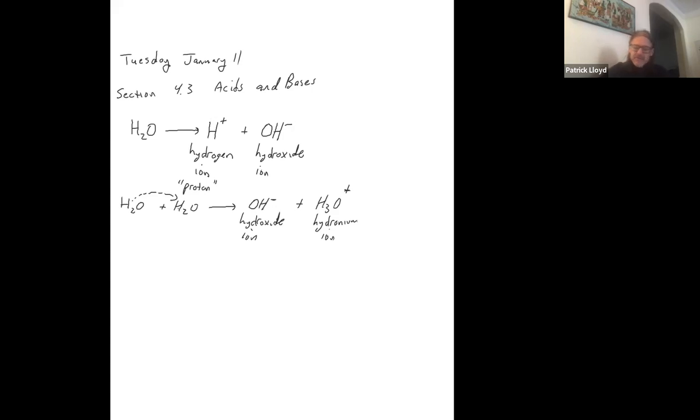And although there's not much evidence for the existence of a hydrogen ion and a hydroxide ion in water, there is some evidence for the hydroxide ion and the hydronium ion. There's more evidence for that. So this is not a bad way to think of those two species. They're the products of the reaction of water with itself, which is called autohydrolysis.